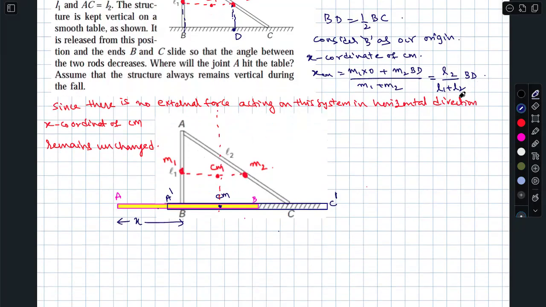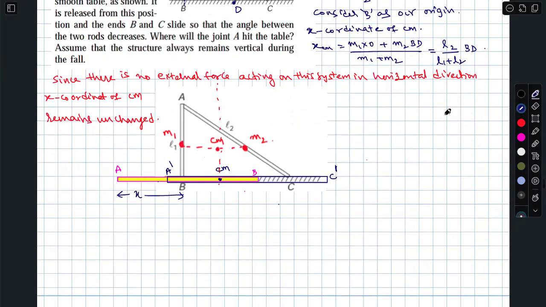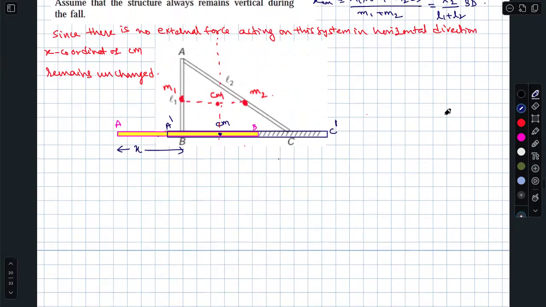Since there is no external force acting on this system, in our x coordinate the center of mass remains unchanged. That's my logic actually. Right. Okay, next, what else do we have?